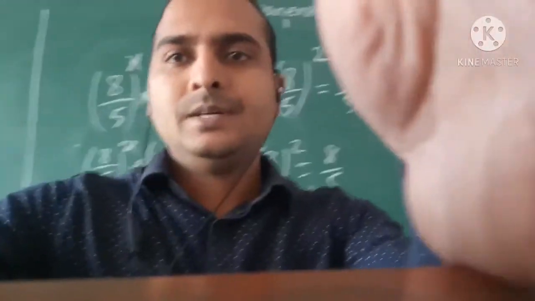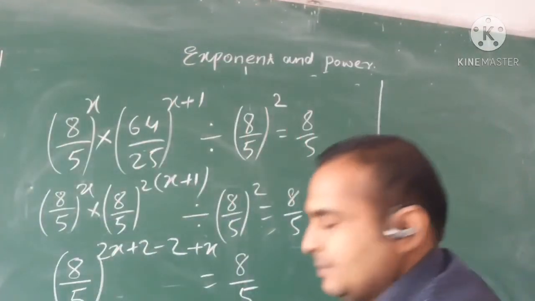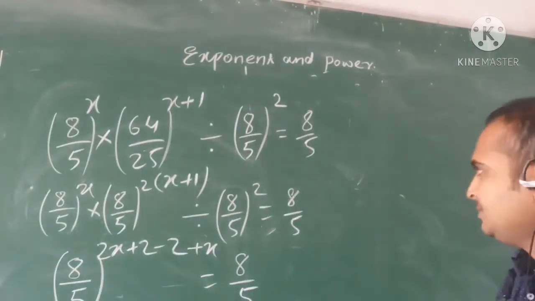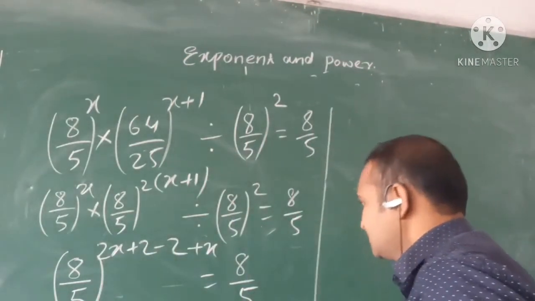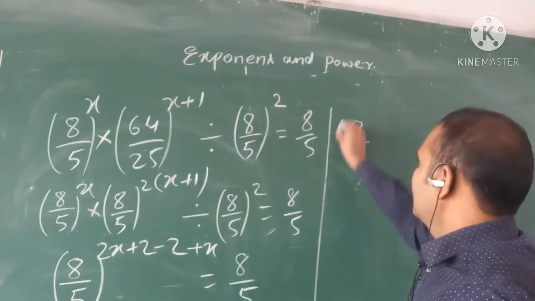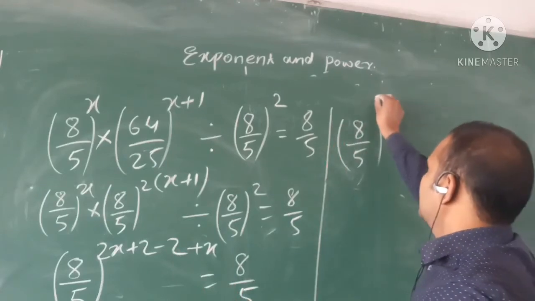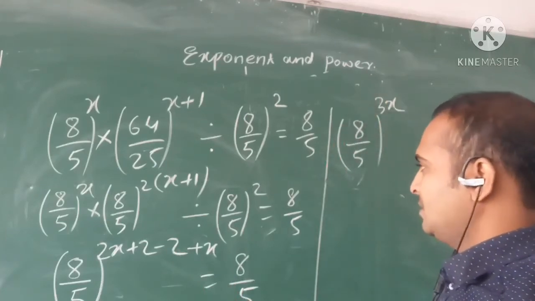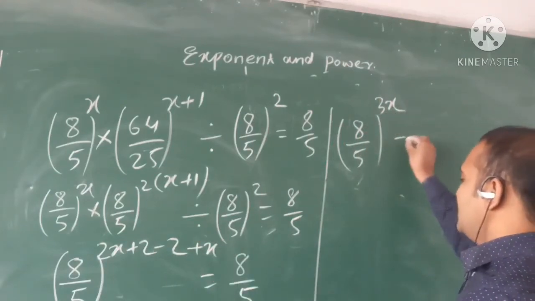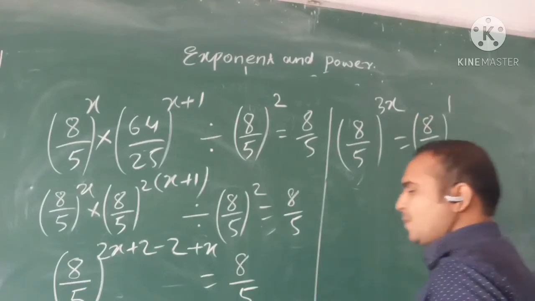Then after it, do one thing. 8 by 5, 2x plus x is 3x, 2 minus 2 is 0, it cancels out, and this one is 8 by 5 to the power 1.